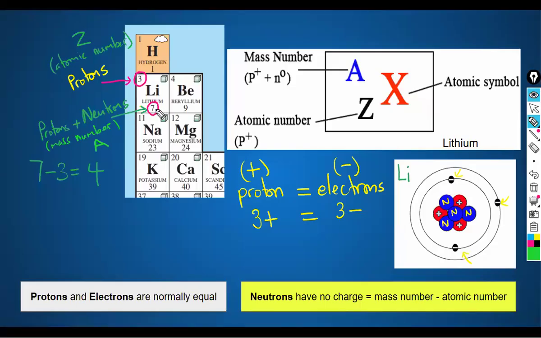But for some strange reason, I have no idea why, I should probably research it, when you take an element out of the periodic table, when you extract it and you're writing it on paper, you just write it in reverse. The bigger number goes on top and the smaller number goes underneath. In other words, the A and Z values get switched.